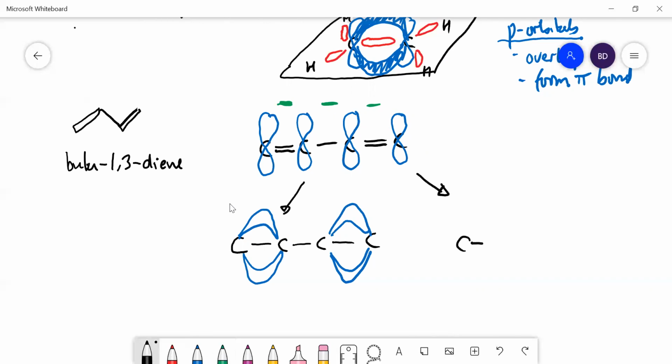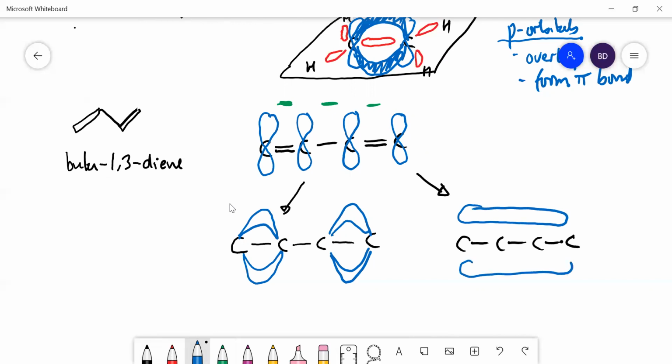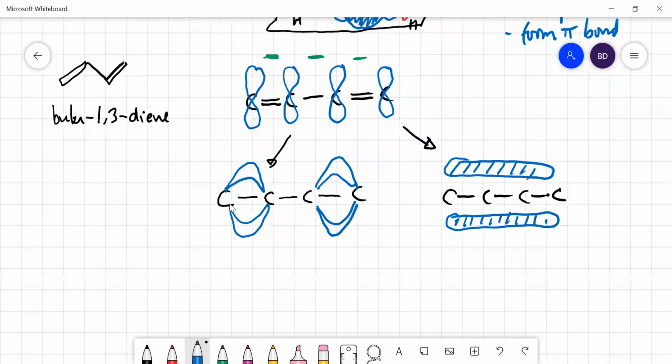So you have your carbons there, all sigma bonded, and instead of forming these 2 discrete pi bonds, you get an area of high electron density above the molecule and below. Now, this is more stable.